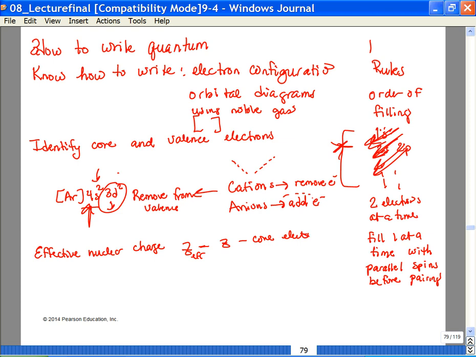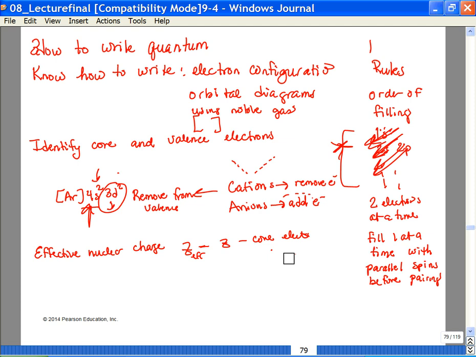remember how to do all this stuff. This is something that we need to remember how to do. And so we saw the trend in effective nuclear charge, and that's in your notes as well. But we use effective nuclear charge now to be able to predict these trends using a periodic table.